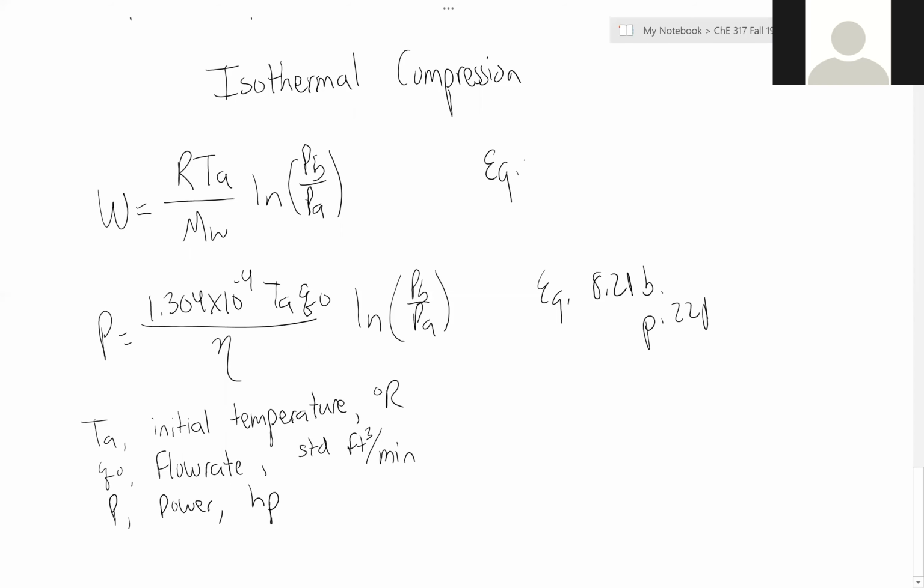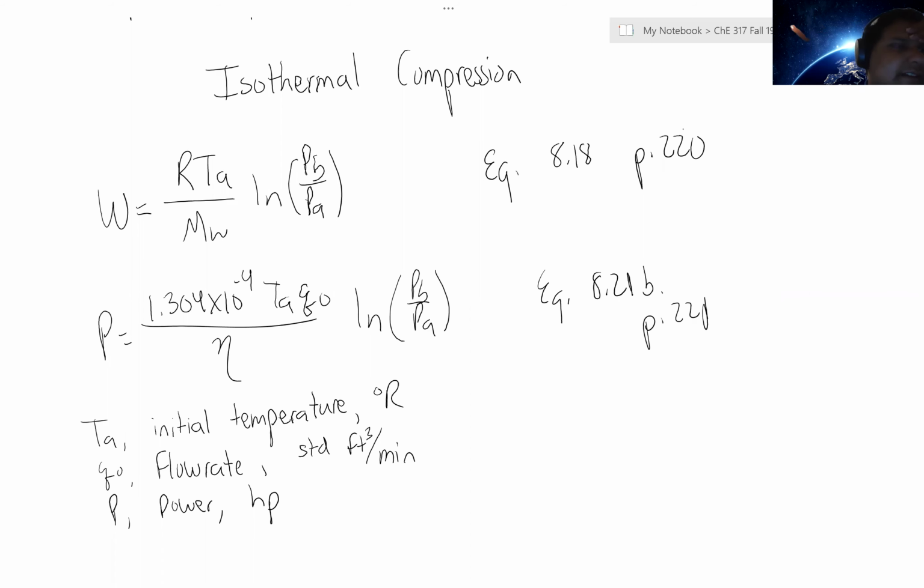Dr. Lopez, what's the difference between standard cubic feet and just cubic feet? That's a good question. So standard cubic feet and standard cubic meters, as compared to just cubic meters, it's the flow rate evaluated at a particular temperature and pressure.